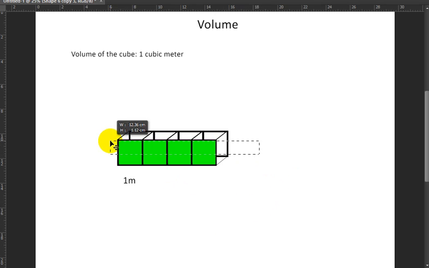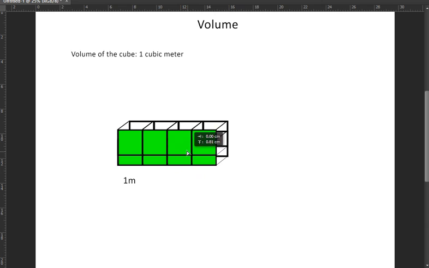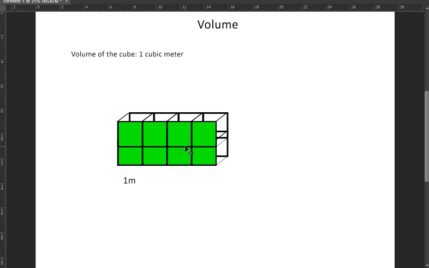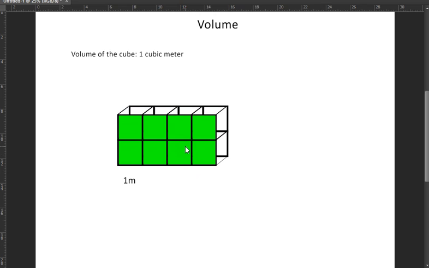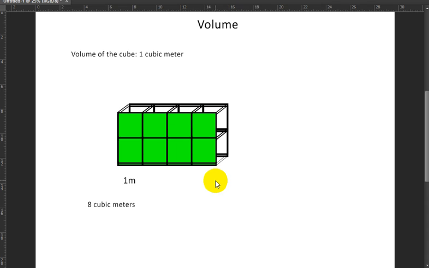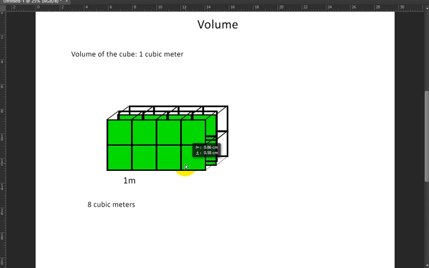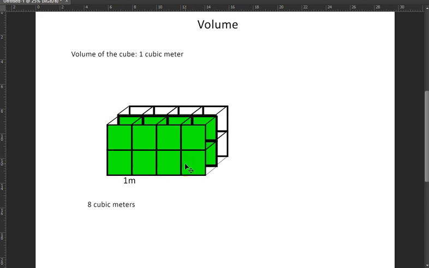Now, what if I gave you another 4? You'd say, well, okay, that's just 8 cubic meters. And you would be correct. Let's say we had another 8, but these I want to bring up front, in front of the others.